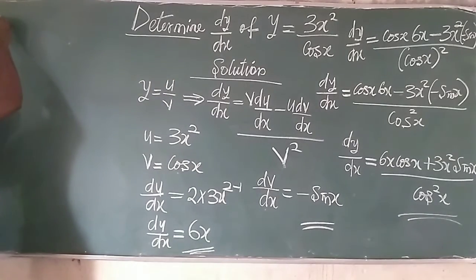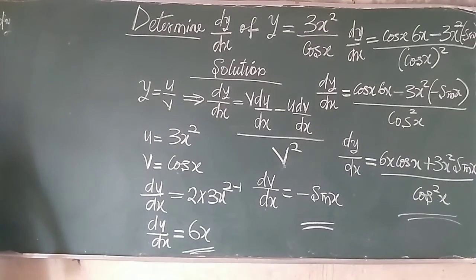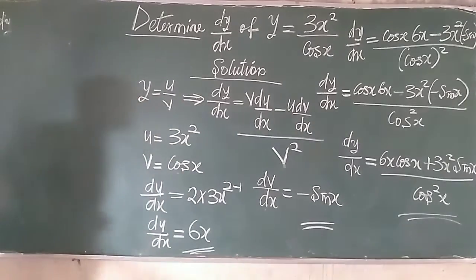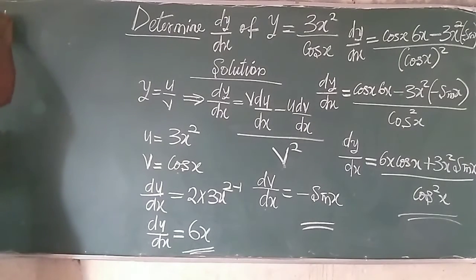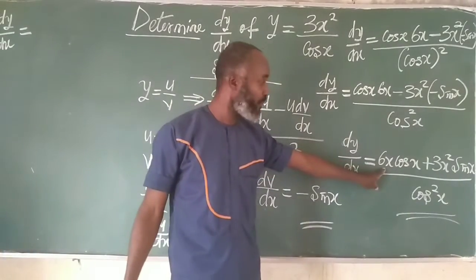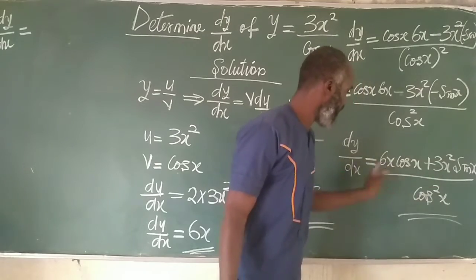If we continue simplifying, we are going to arrive at something concrete. dy/dx is equal to, let's see, we have 6x here, we have 3x squared. So what can we do at that point?